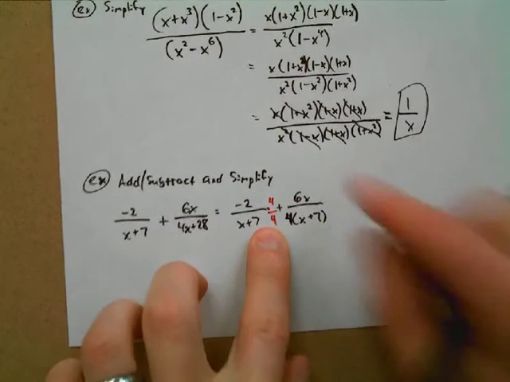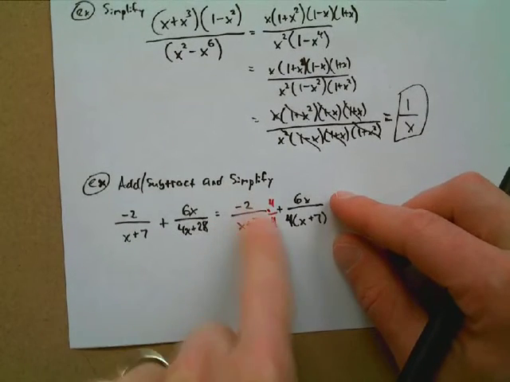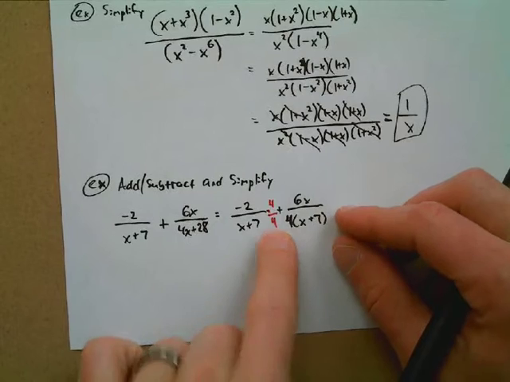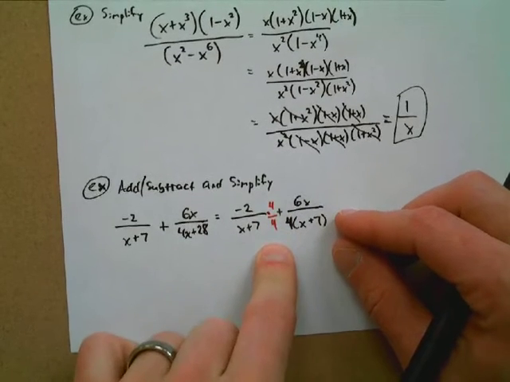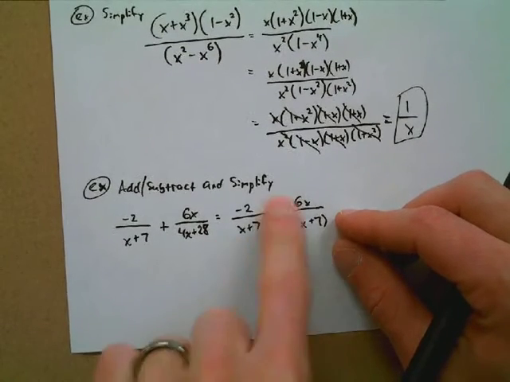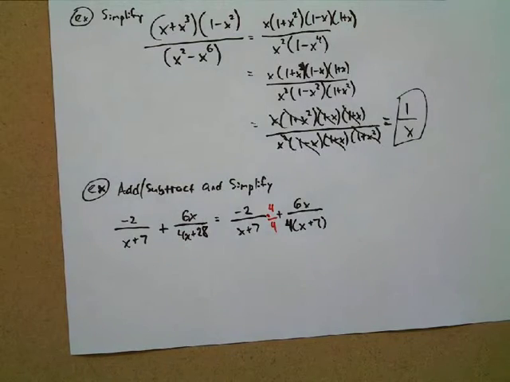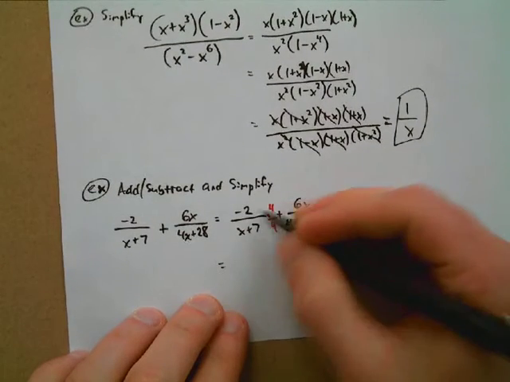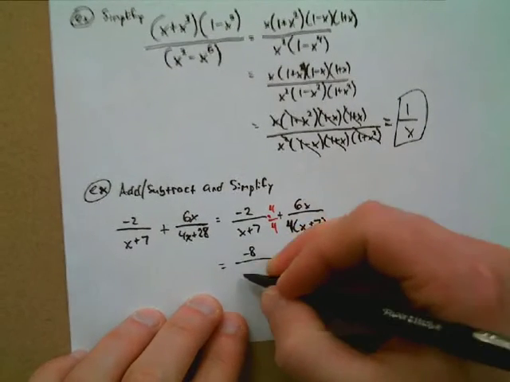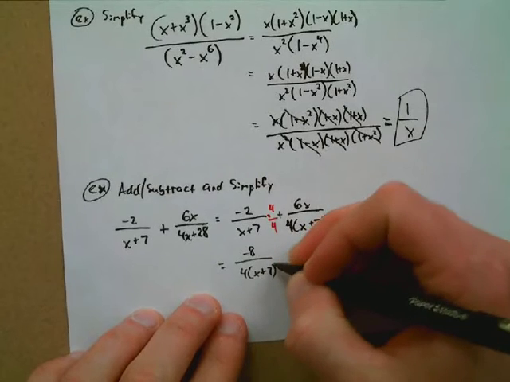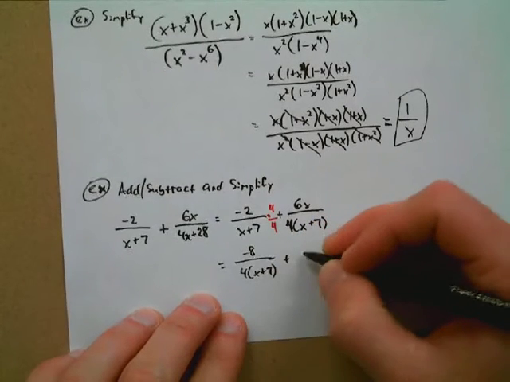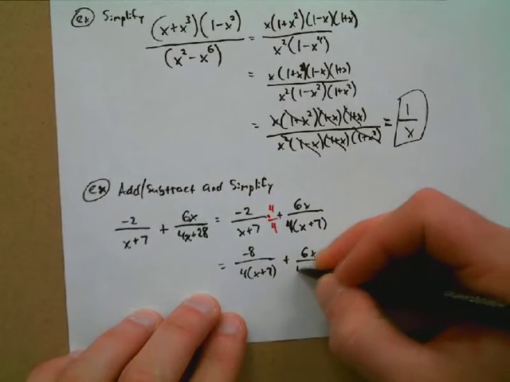If I multiply this expression by 4 over 4, I'm not changing its value. It's still multiplying by 1. But I'm using 4 over 4 to get a 4 in the denominator, and I'll get the 4 in the numerator. So this becomes negative 8 over 4 times x plus 7. And I'm going to add 6x over 4 times x plus 7, like that.